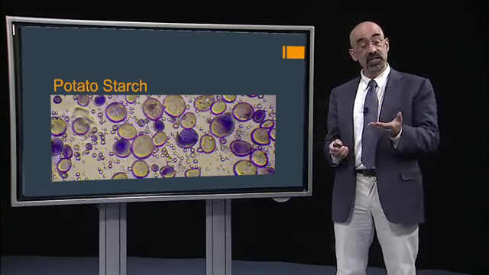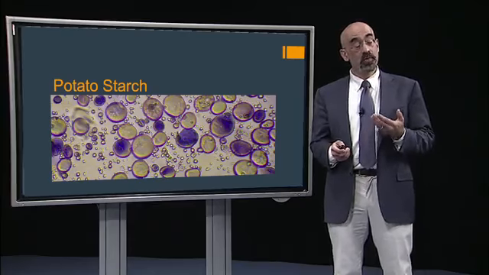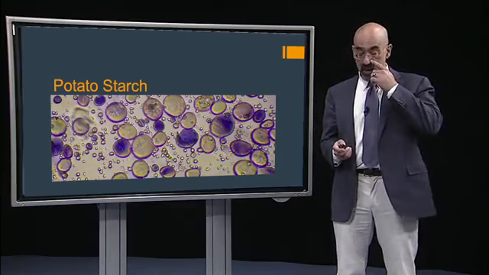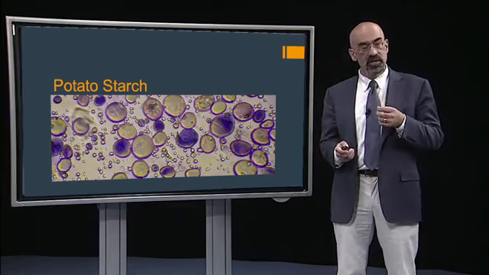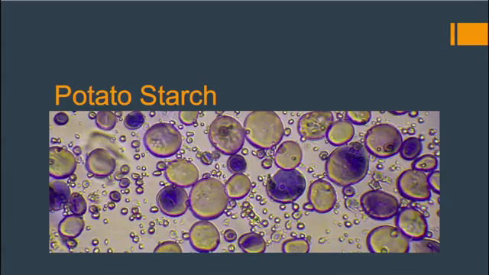We were then given a slide and told to identify all the parts of everything we could see in that slide. And having studied all the parts of the cell and not knowing what I had in front of me, I looked at this potato starch and tried to identify all the cell parts in the potato starch, convinced that features like this were nuclei.